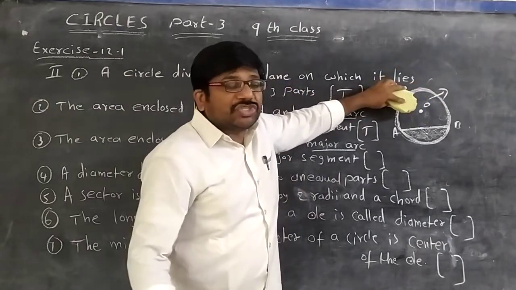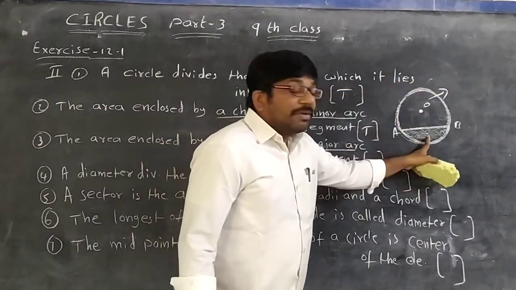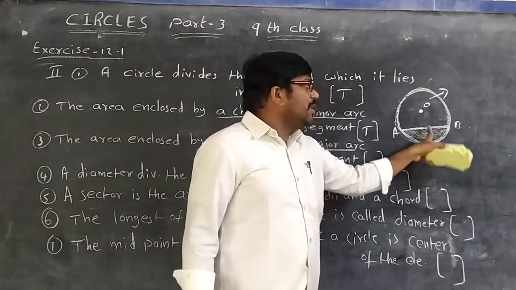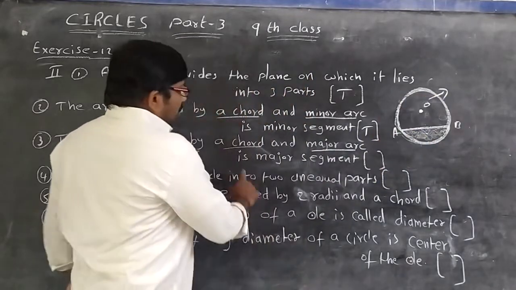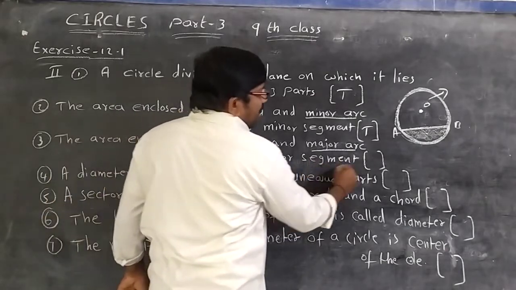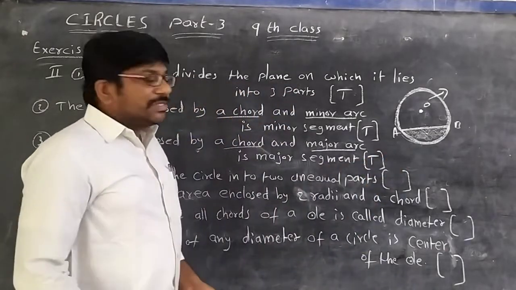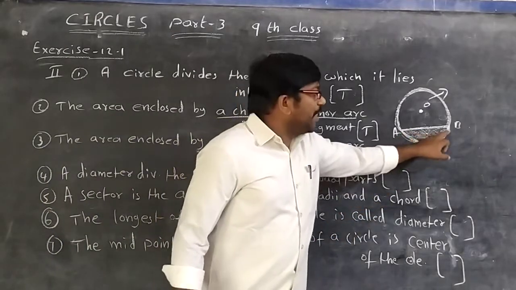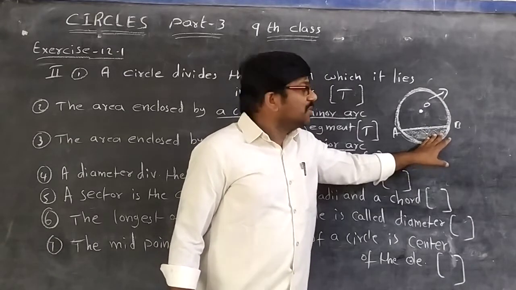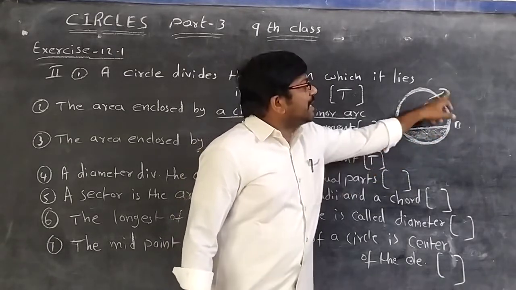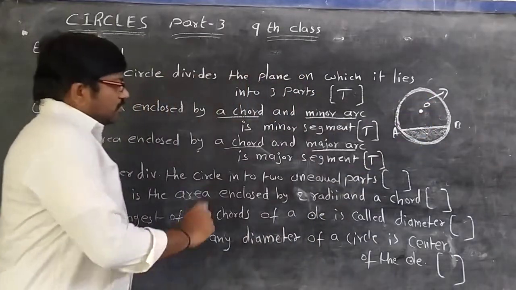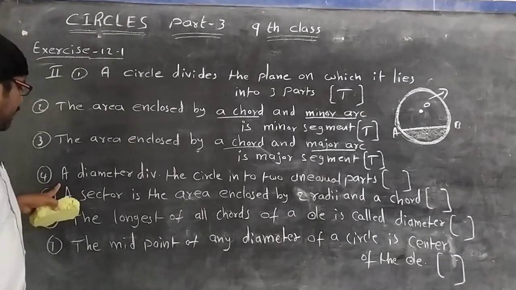A chord and major arc enclose the major segment. That is also true. Once again, the region enclosed by a minor arc and a chord is called the minor segment, and the region enclosed by a major arc and a chord is called the major segment, right? So that is true.